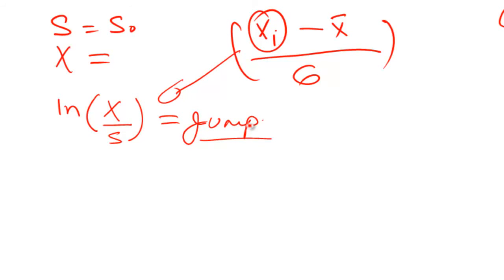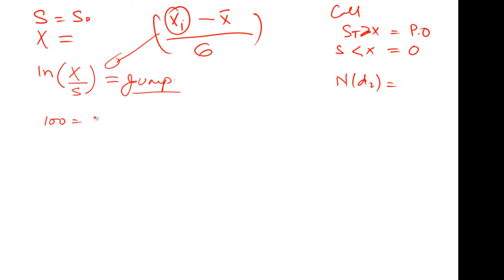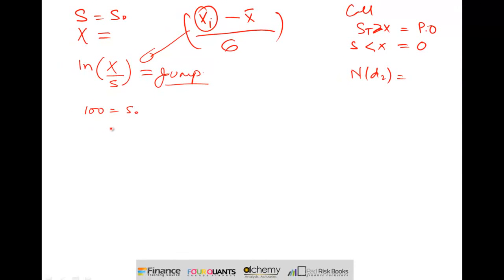I have an instrument which is trading, let's say, at 100, and this is my S0. I have a strike price that we've agreed at, let's say, 150. The jump that I'm looking at is ln of 150 over 100, which is approximately 50%.